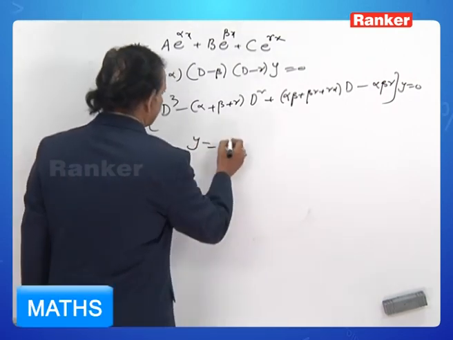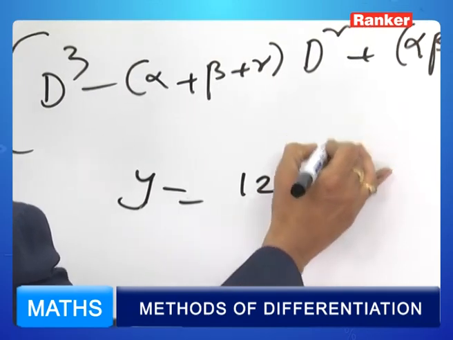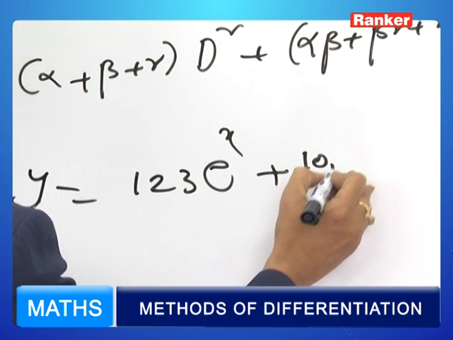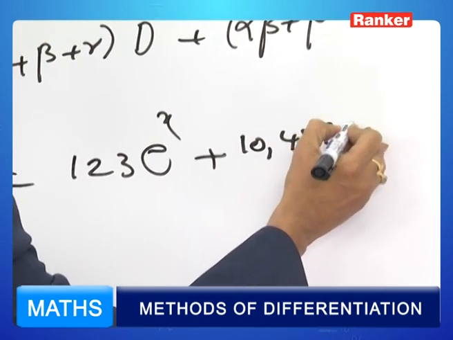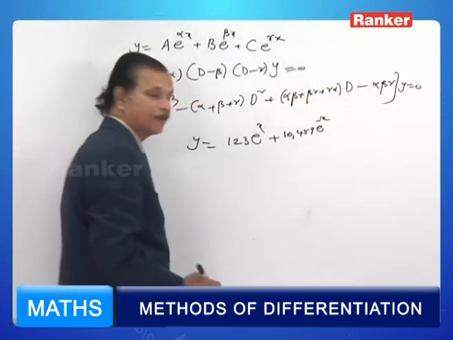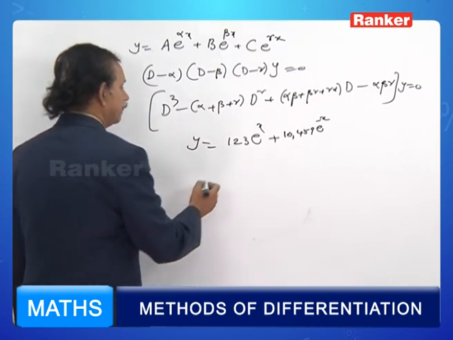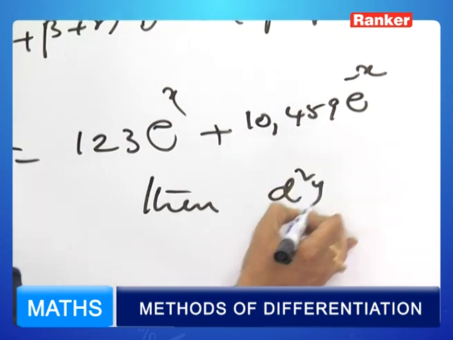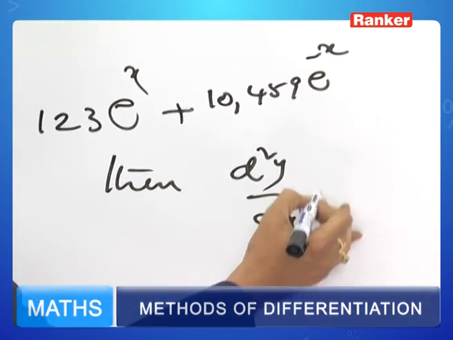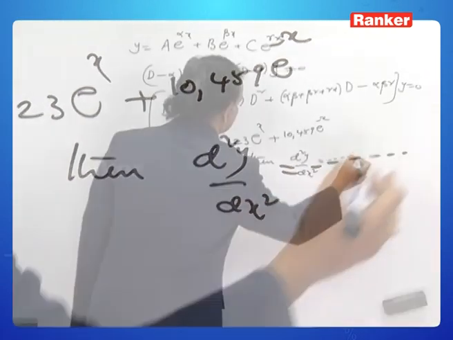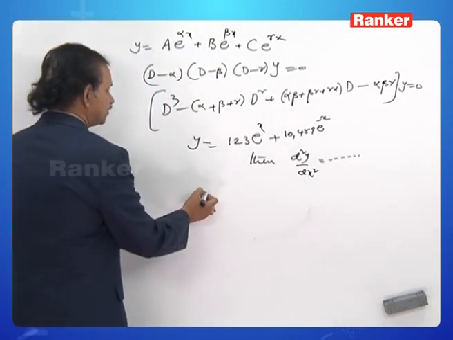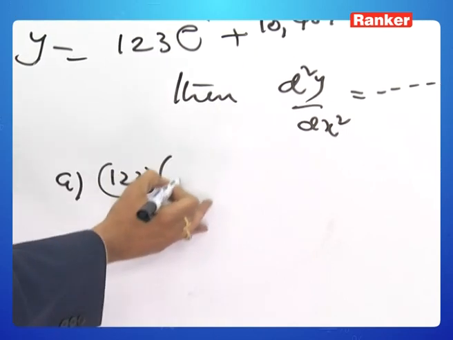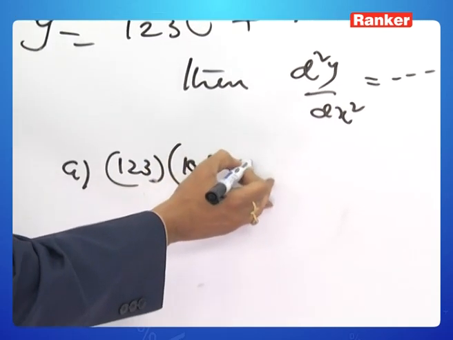y is equal to 123 e power x plus 10,459 e power minus x. Then d square y by dx square is equal to, first option, 123 into 10,459 into y.